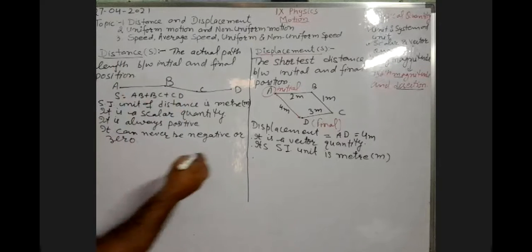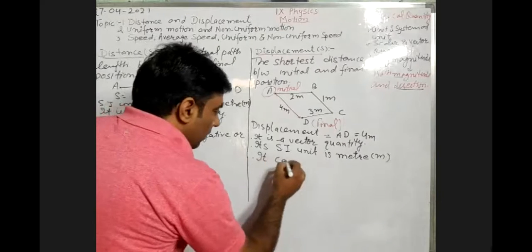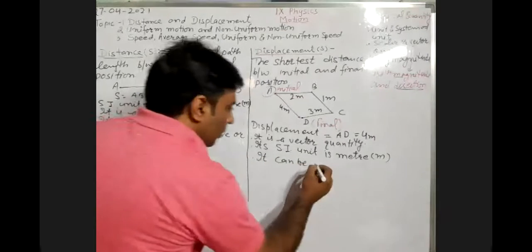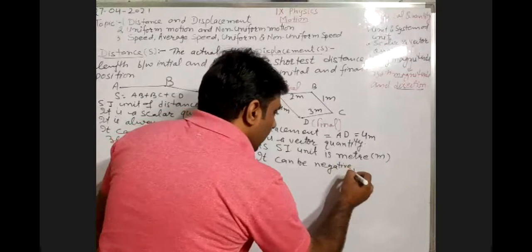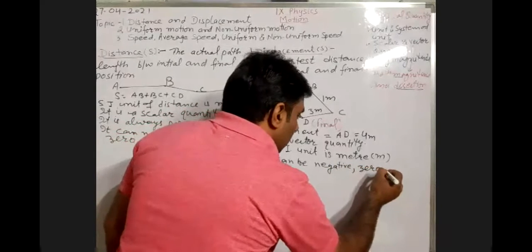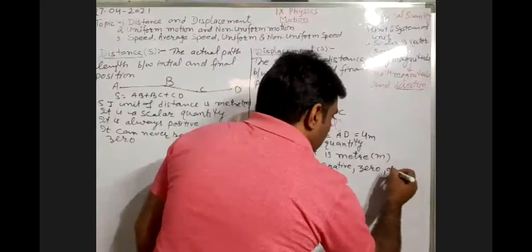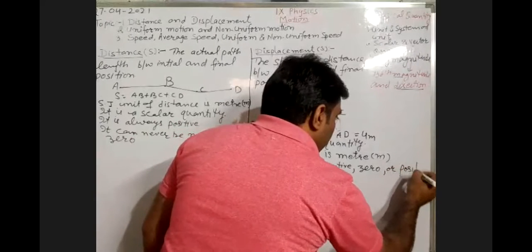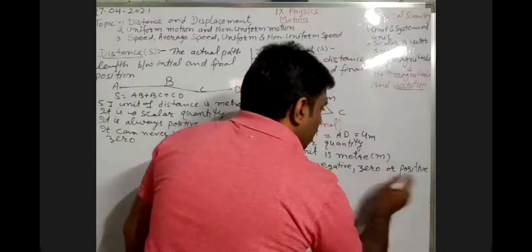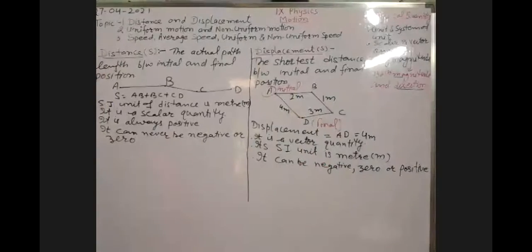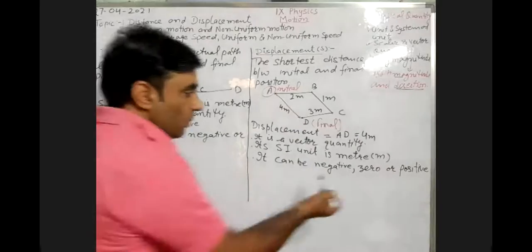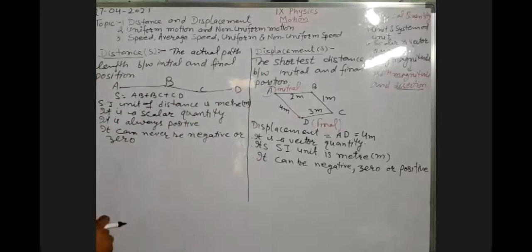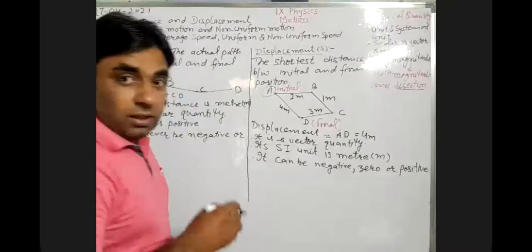It can be negative, 0, or positive. So displacement can be negative, it can be 0, it can be positive. So why can it be negative, 0, or positive? Because let's take another example.